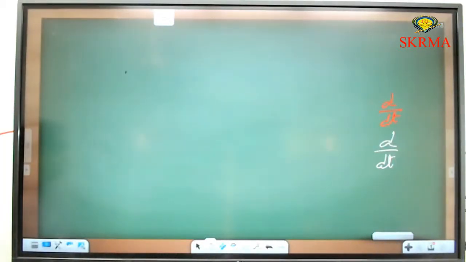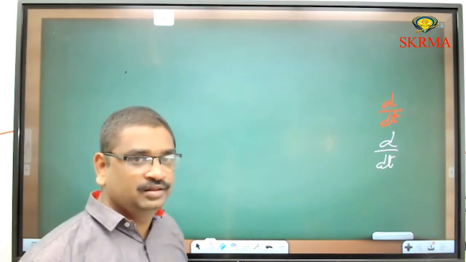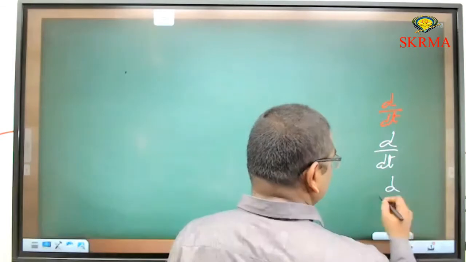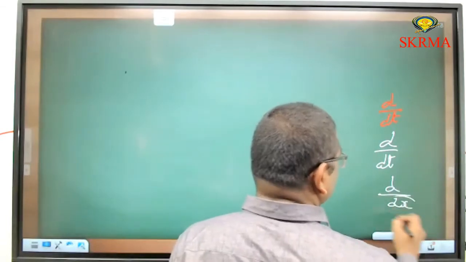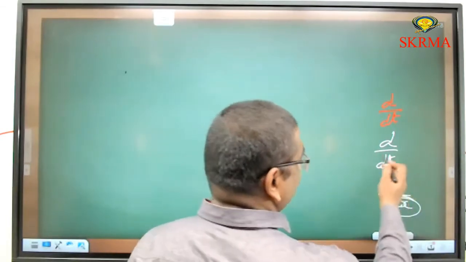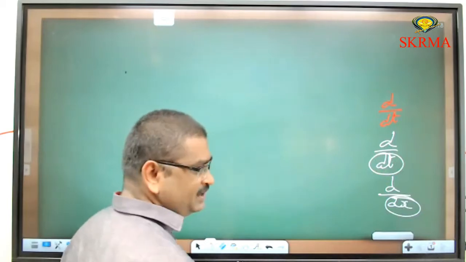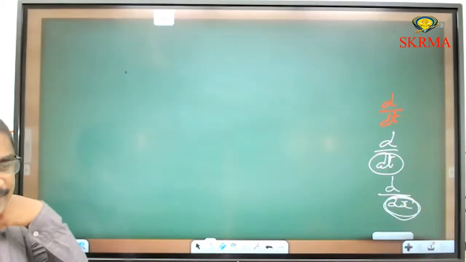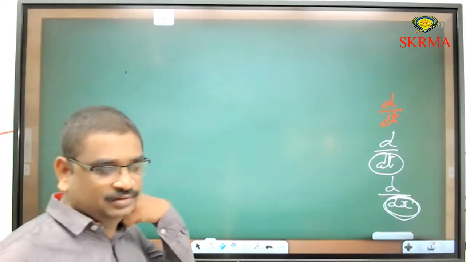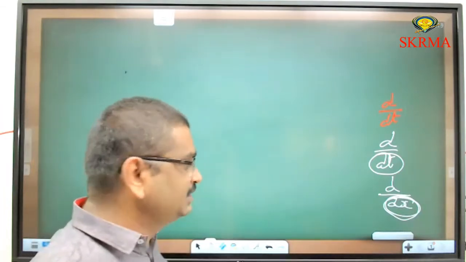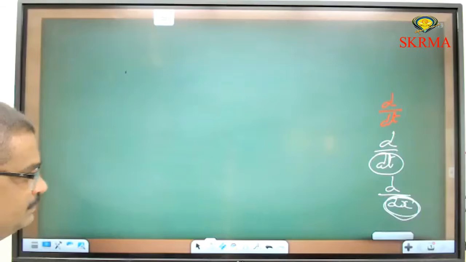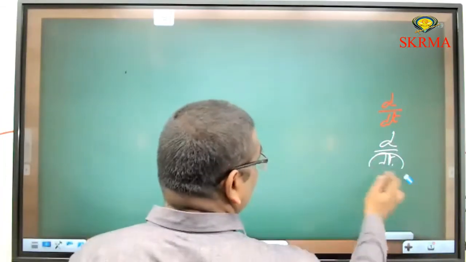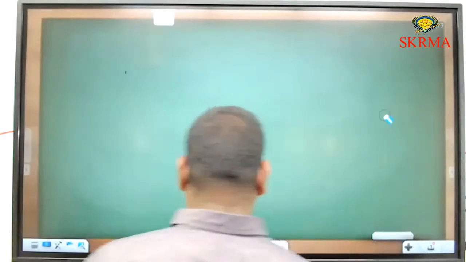Now for gradient: in any lesson, if a gradient comes, then we need to write d by dx. That means by length. Rate of change means by time, and gradient means by length. If you write by length, then that is called a gradient. Now, what is meant by potential gradient?